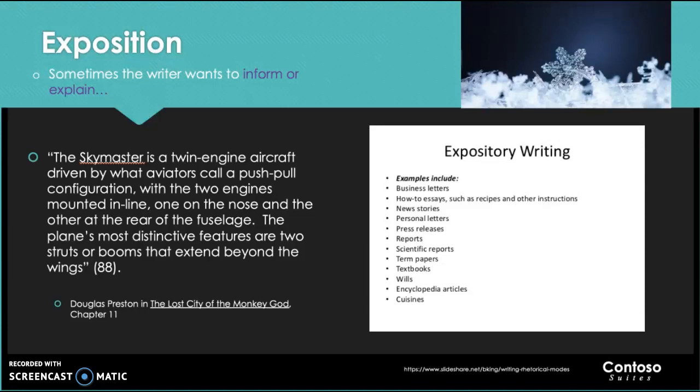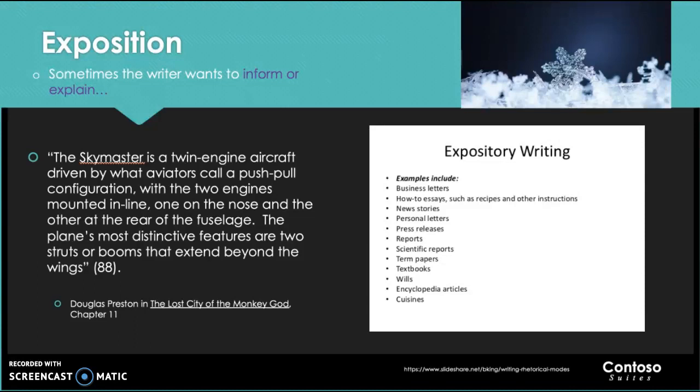Every author is going to have some sort of bias, but an expository text is trying to keep all of the opinion and all of the subjective stuff out and just tell how it is and what to do. So this is exposition. It is very objective and non-biased, as non-biased as it can be, right?